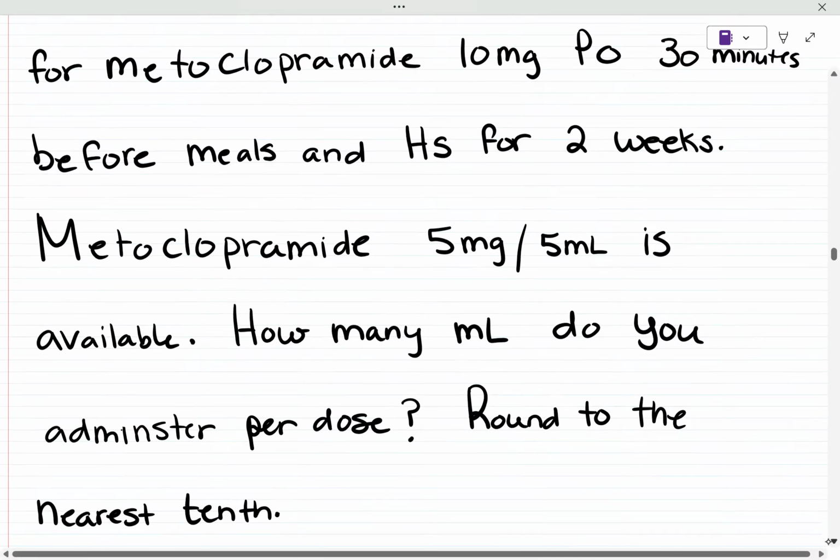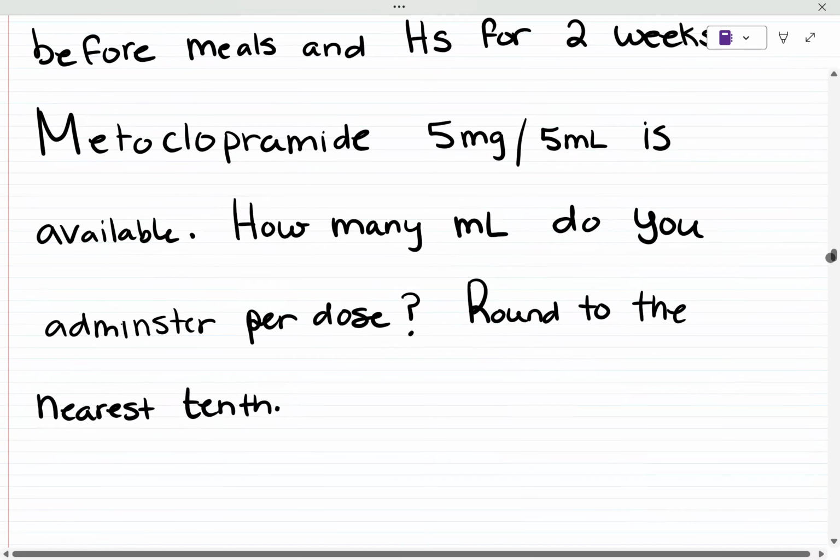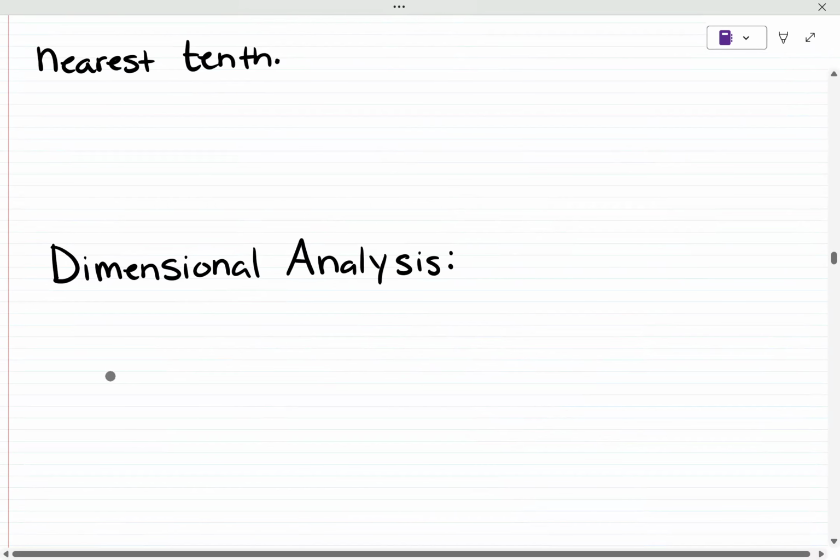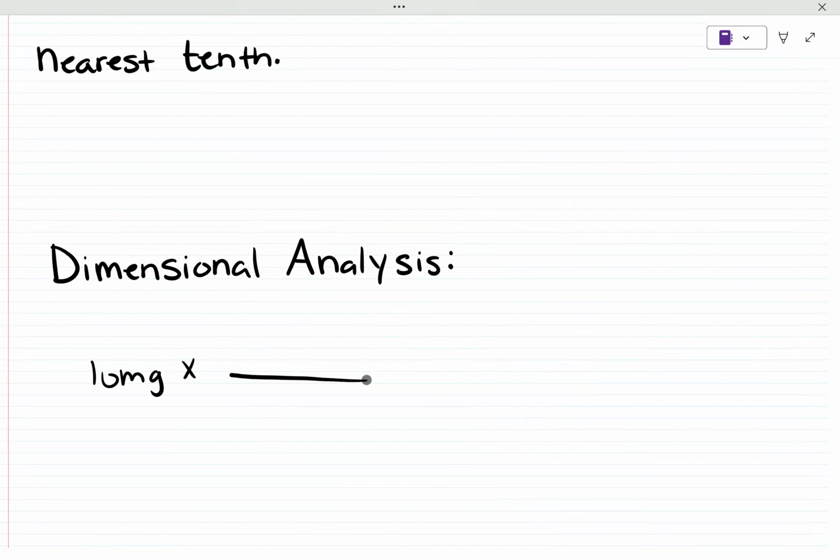Let's start with dimensional analysis. We start with 10 milligrams. Our availability is 5 milliliters per 5 milligrams. There was no conversion, because the milligrams disappear and you're left with milliliters. So this works out fine.